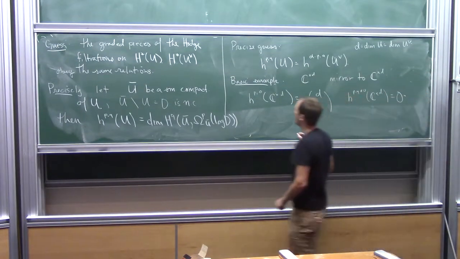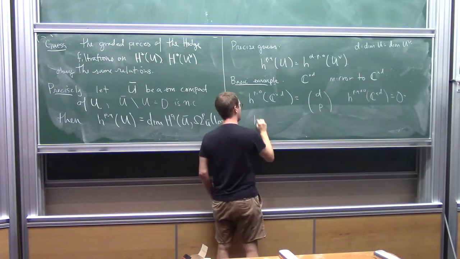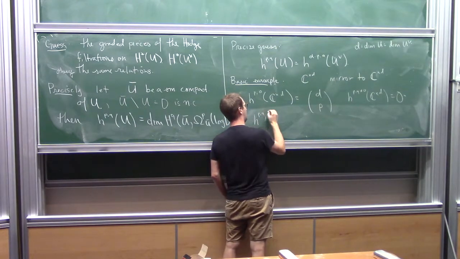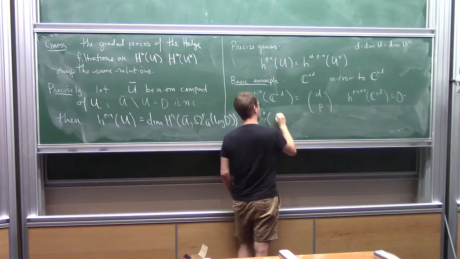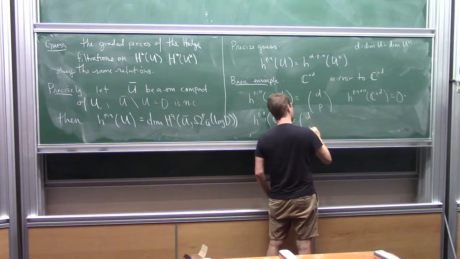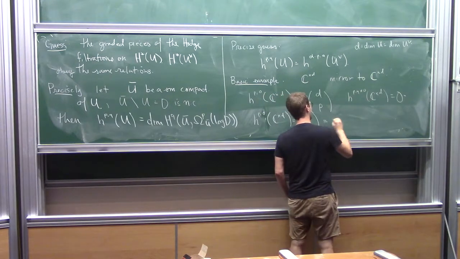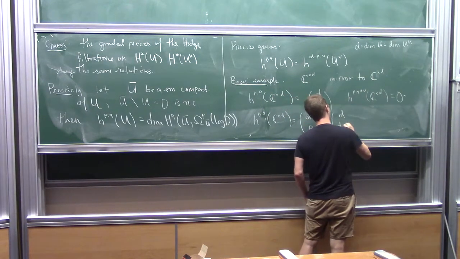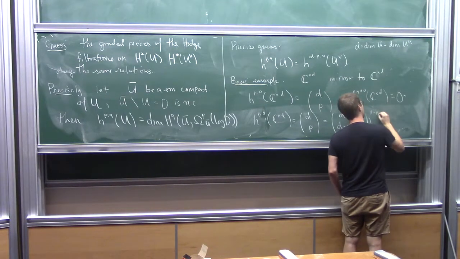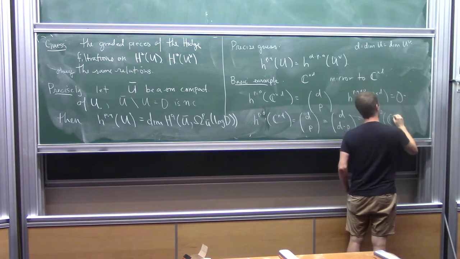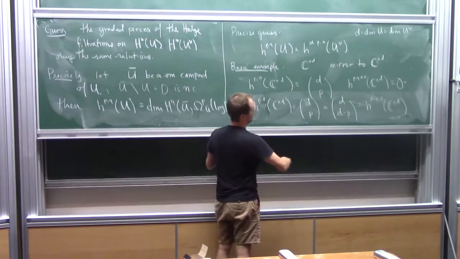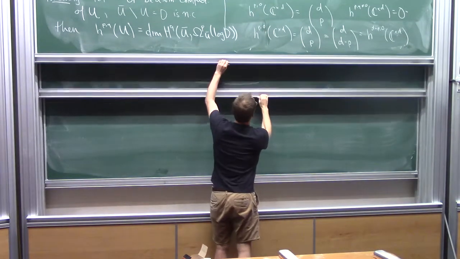So what do we have? h^{p,0} of C star to the d is equal to d choose p, which is equal to d choose d minus p, which is equal to h^{d-p,0} of C star to the d.